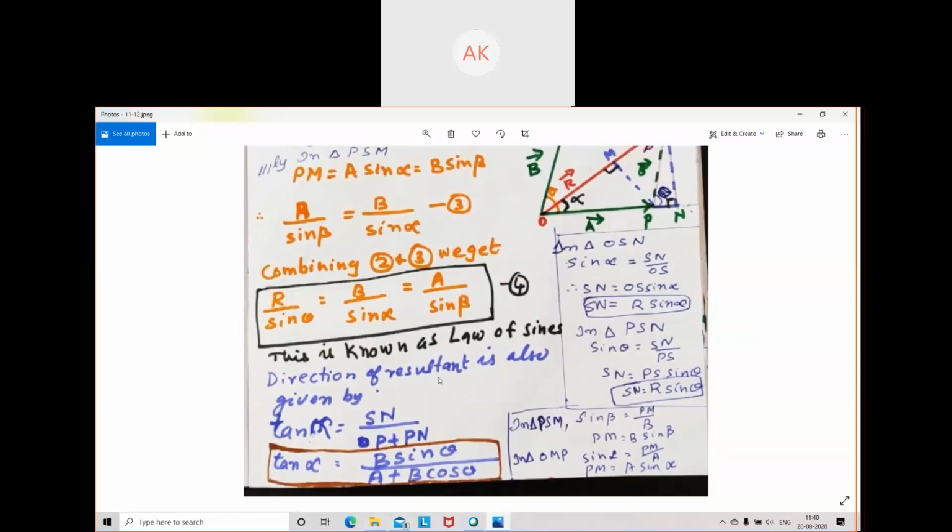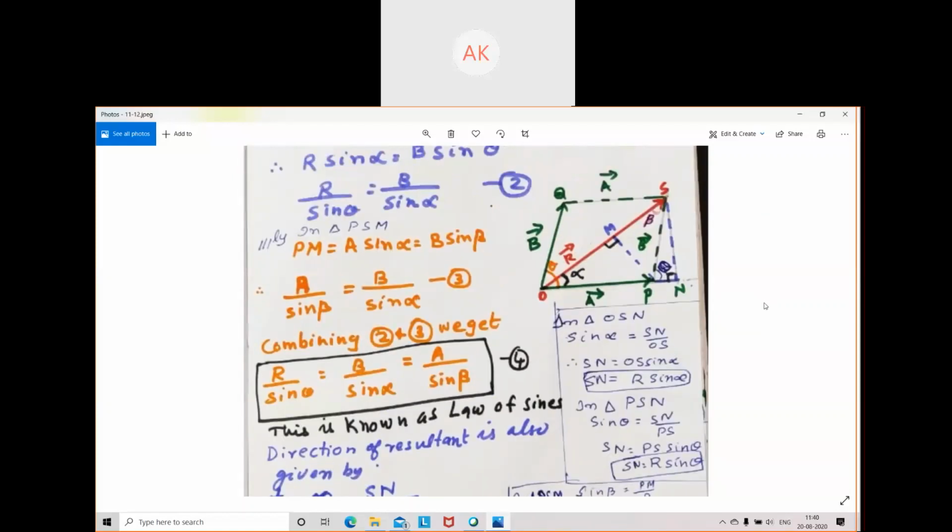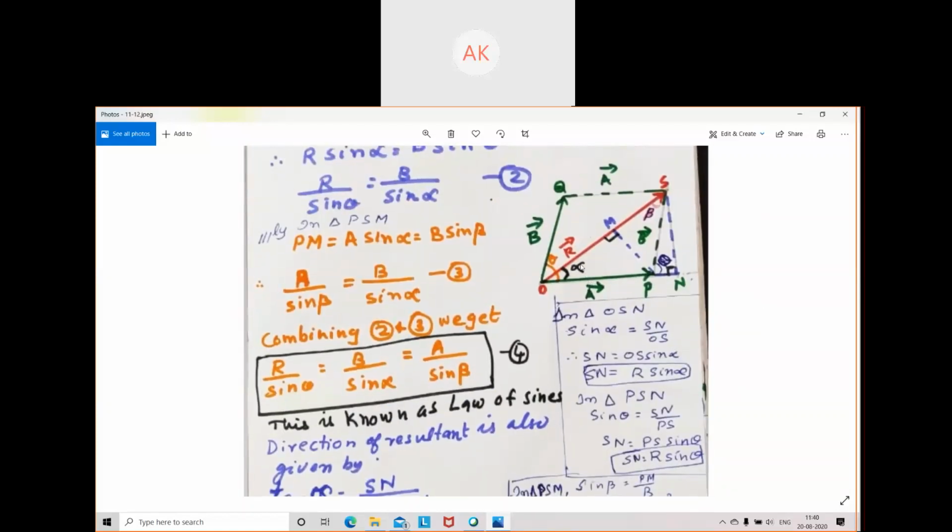Yes. Direction of the resultant is also given by tan alpha. Take the bigger triangle O, S, N. Then tan alpha is the opposite side SN by the adjacent side ON, but ON is OP plus PN.